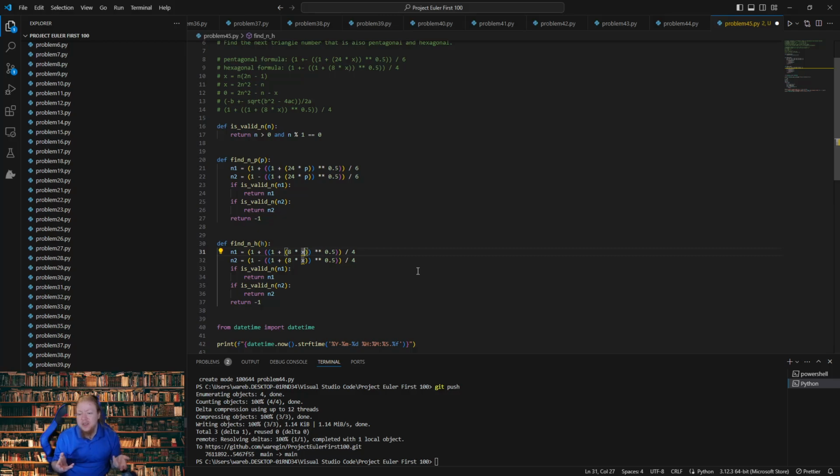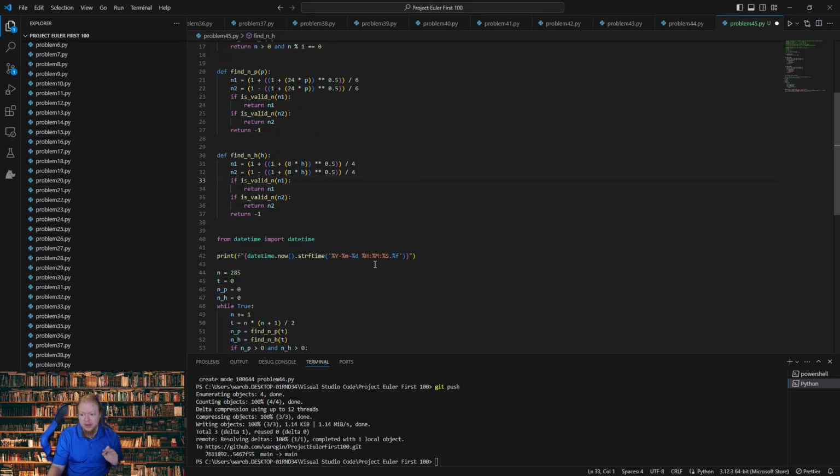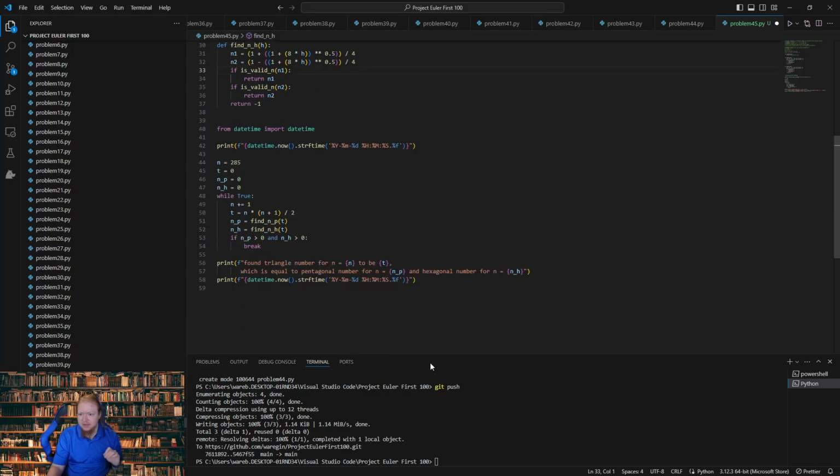I have a feeling that it's only ever going to be n1, but I don't know that for sure, and I don't want to go through the mathematical proof to show that it definitely is. But in any case, this has a runtime of n, so it's constant, so that's really, really good. It should be pretty efficient for us. Let's find out.